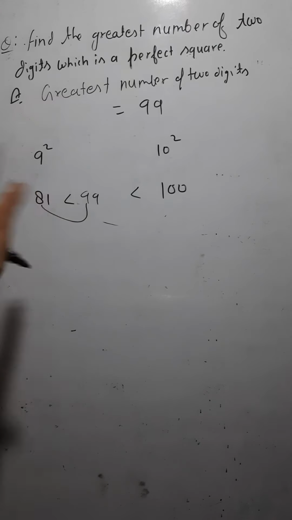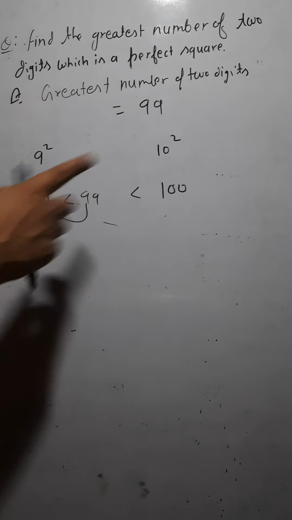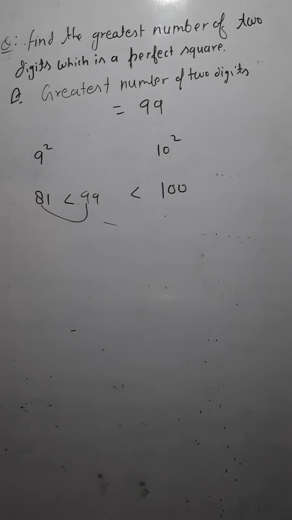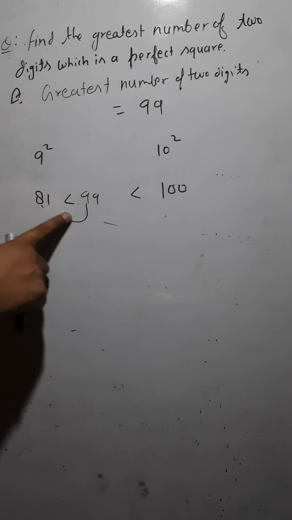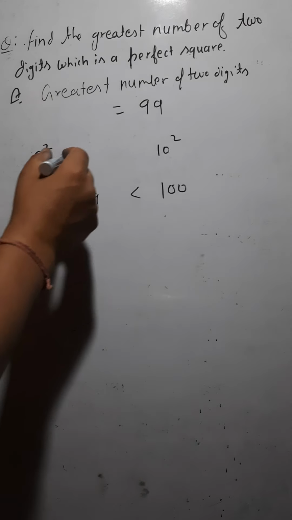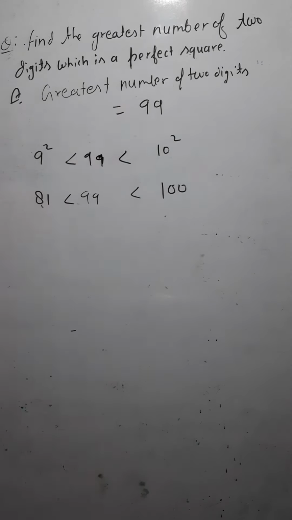After 81 you do not have any 2-digit number which is a perfect square. Okay, are you getting this? So 81 is the greatest number which is a perfect square there. Are you getting this? So 99 would be between square of 9 and square of 10.